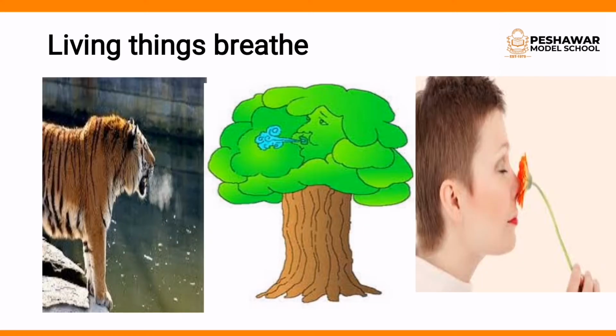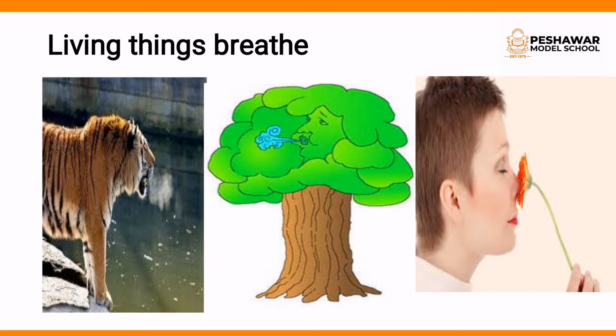Okay, living things breathe. As I told you, living things are animals, plants, and human beings. They are called living things because they can breathe. Like you can see in the picture, here is a tiger. This is an animal. An animal can breathe.